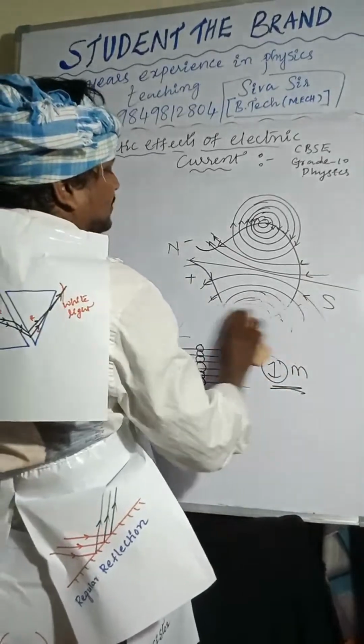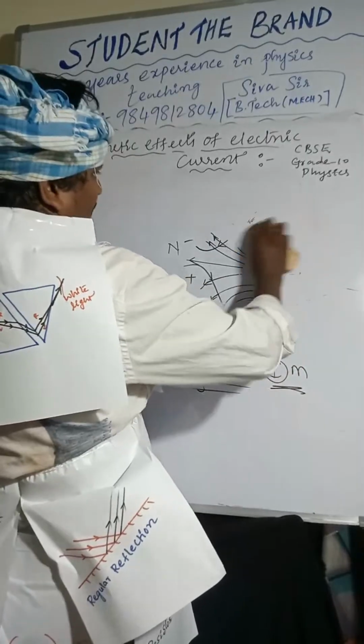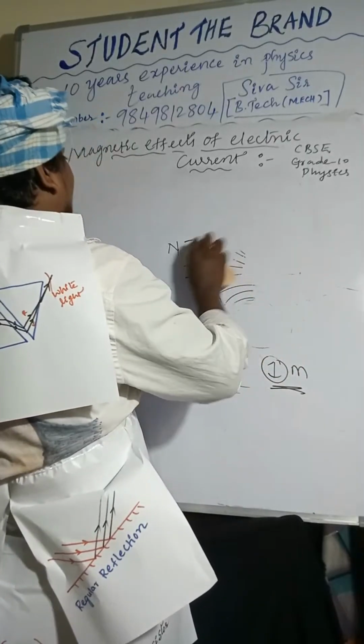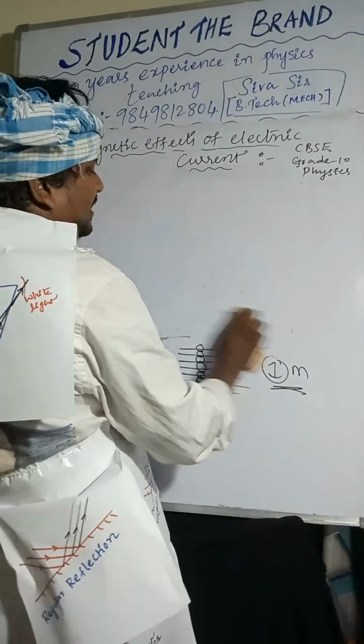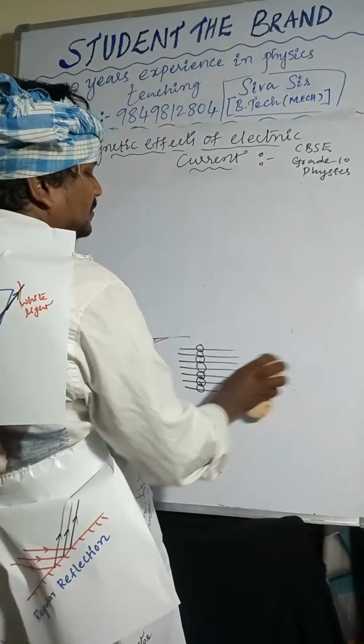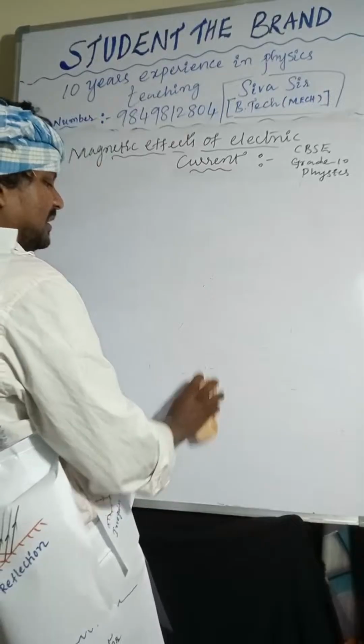Next, till now we have gone through a series of magnetic fields. One is the straight conductor, a straight wire, around which we can identify the magnetic field by using the right hand thumb rule.